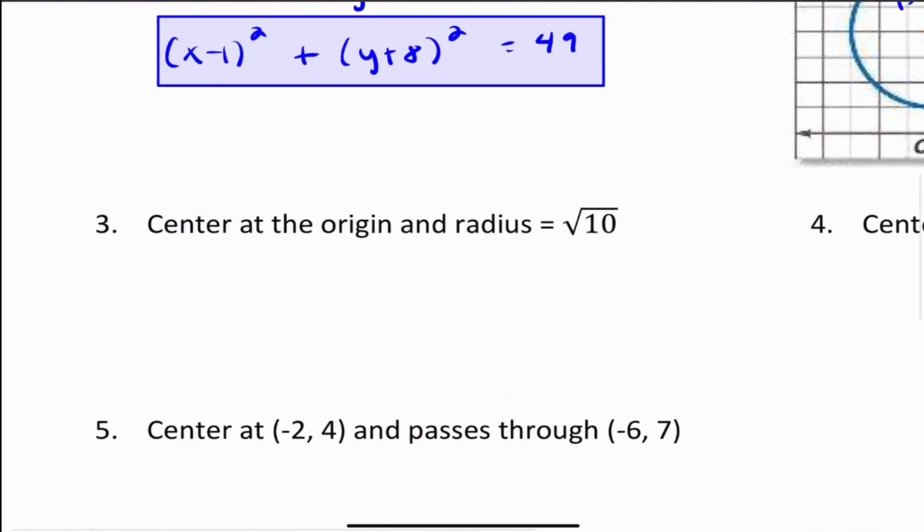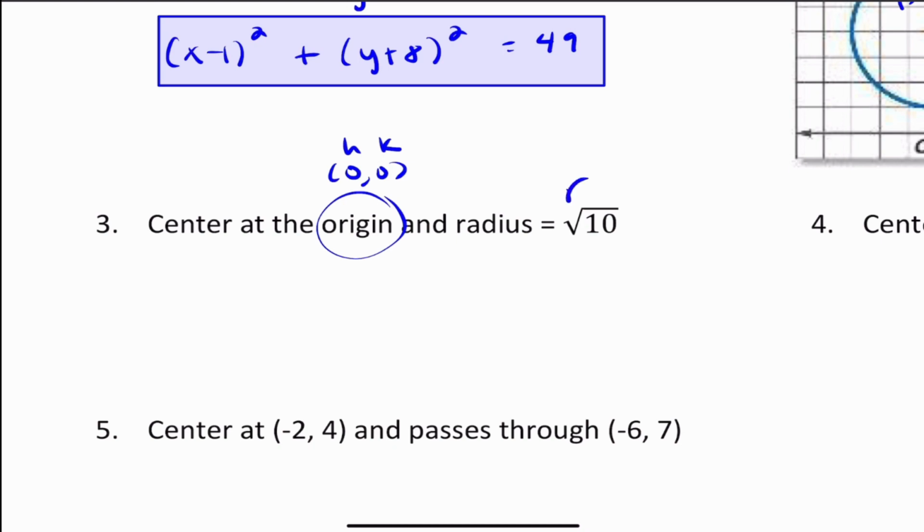All right. Center at the origin and radius is equal to the square root of 10. Now, when it says origin, that means 0, 0. Okay, that's the center. 0, 0 being the center because it says center at the origin. So you write h, k, and then the radius is the square root of 10. Okay, so that's r.